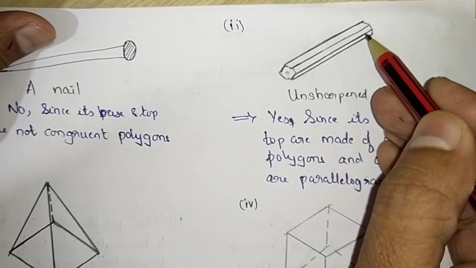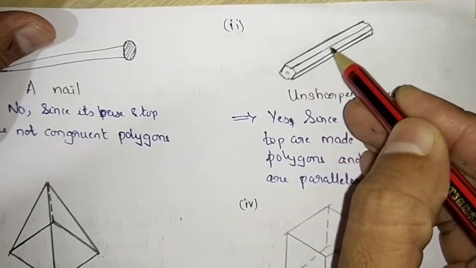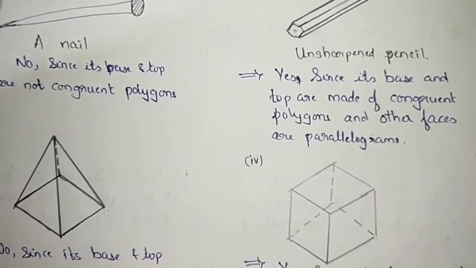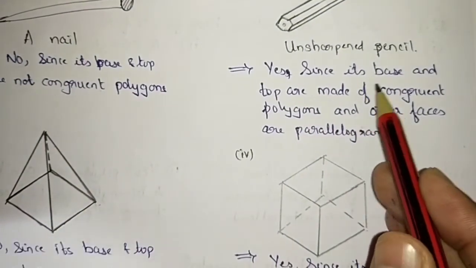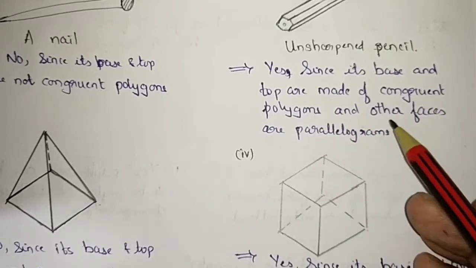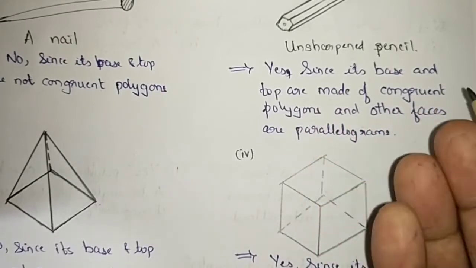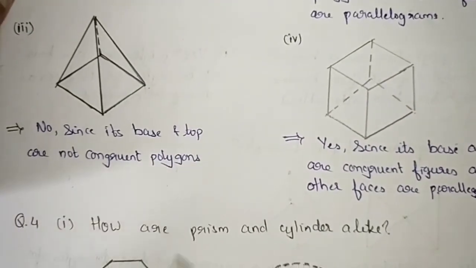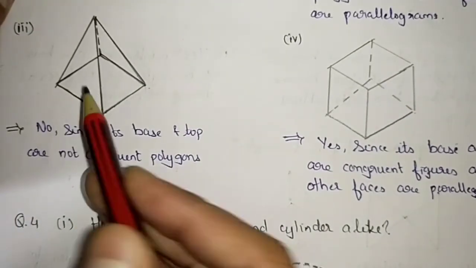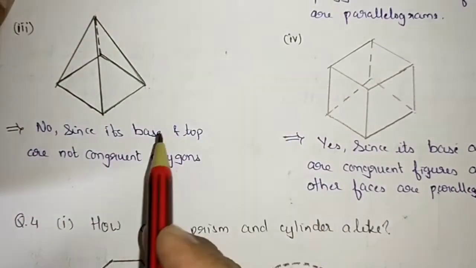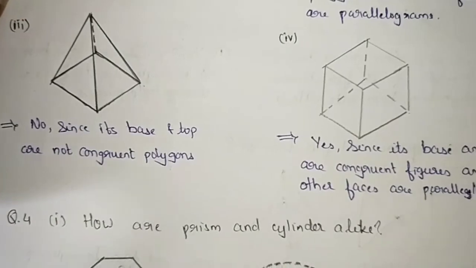Second condition is that they must be parallelograms. So all the other parts are parallelograms. So we can say yes, since its base and top are made up of congruent polygons and other faces are parallelograms, so it is a prism. Now this figure, definitely no, because the bottom and the top part are not congruent polygons.